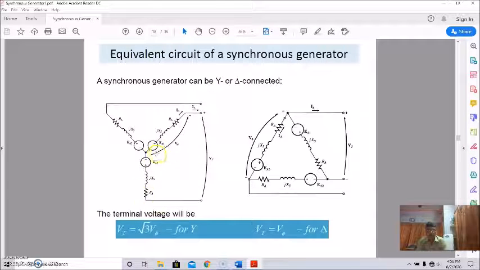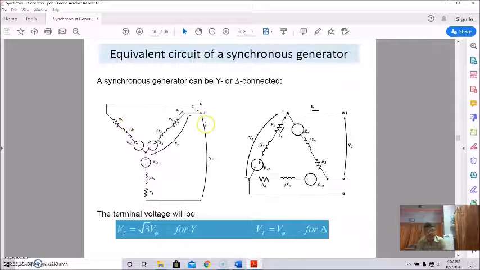Take the case of the star connected one. This is for a phase, this is the synchronous reactance plus resistance, and this is the terminal voltage.